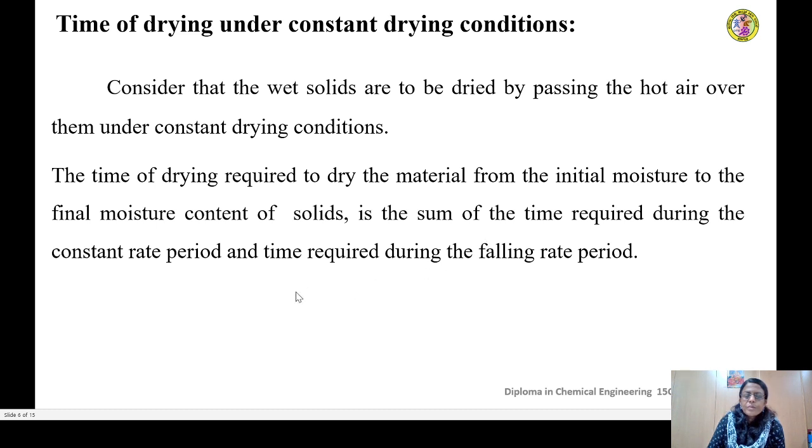So the total time required for drying a particular substance in a given dryer from some initial moisture content to some final value of moisture content is the sum of the time required during the constant rate period and the time required during the falling rate period. I just hope that you remember what the constant rate period and the falling rate period are.